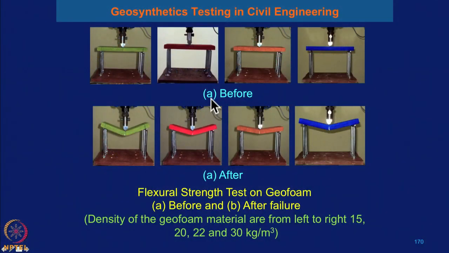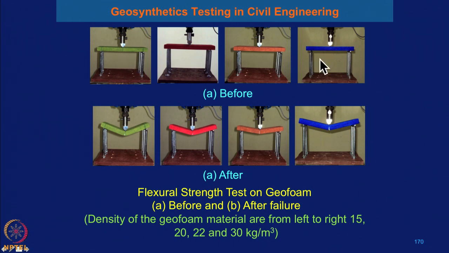Now, I will show you some of the sample failures in the test. You can see here the different EPS geoform materials under different densities: 15, this is 20, this is 22 and 30 kg per meter cube.